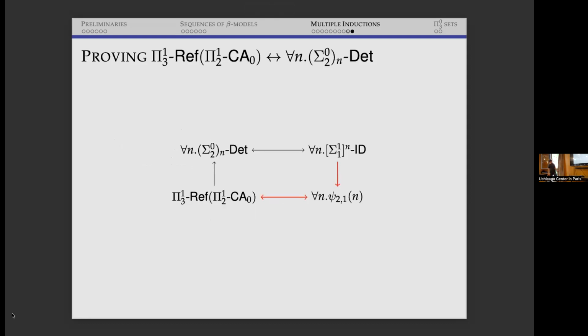So you get that, using some f of n many inductive definitions, you can build arbitrarily long sequences of better models: two models inside, a better model outside. And we already had the connection with reflection, and so reflection is going to be equivalent to determinacy here.